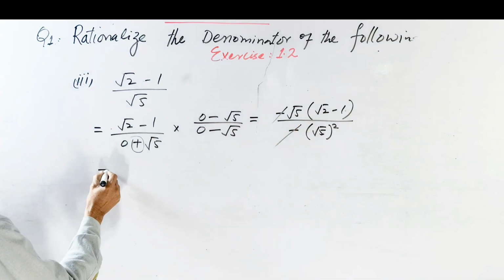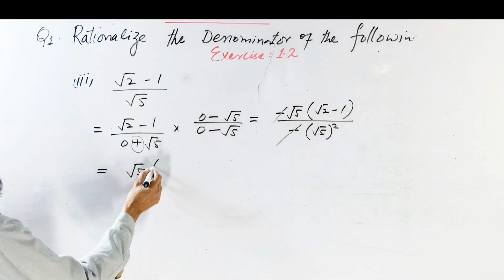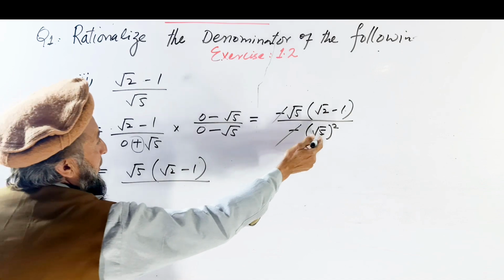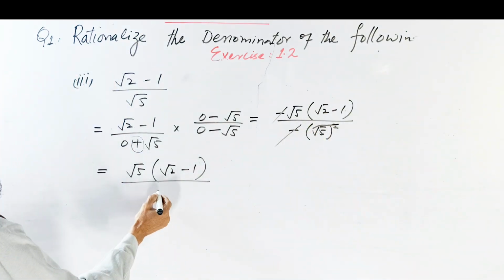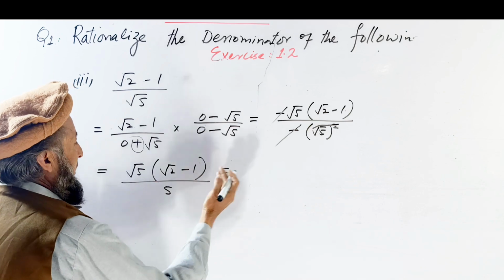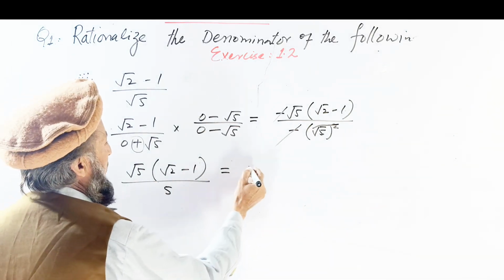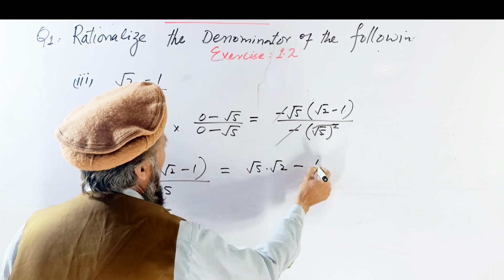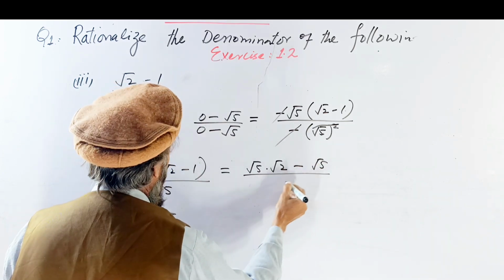So we write 5 under the root into 2 under the root minus 1 divided by, both are cancelled, and this one also we get here 5. So if we further simplify, we can write 5 under the root and 2 under the root minus 5 under the root divided by 5.